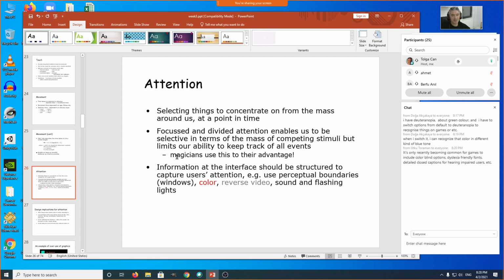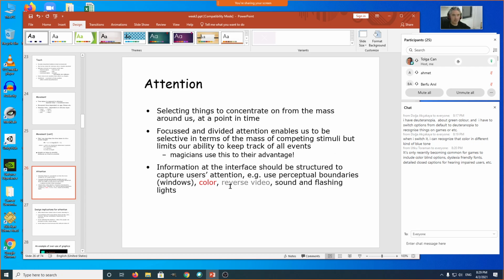And magicians use this to their advantage. They make us focus on one place while they do something else in another part of our visual field. It may be right in front of our faces, but we may still not perceive what the magician is doing. So if you want to get user attention to a certain part of the interface, you can use visual cues like a different color, blinking phones, or reverse video.